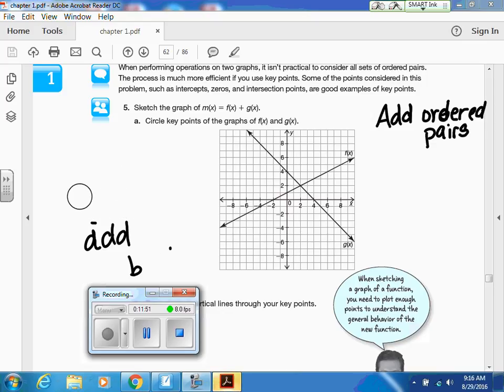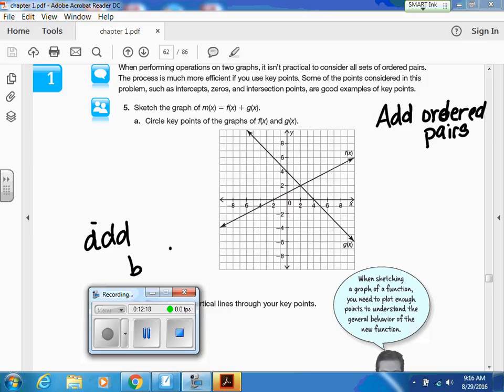Part of it. Except I don't want to add the ordered pairs, okay? We can add B right here, 4 and 1. I can add the ordered pairs, except I don't need to add the X's. Those are inputs. When I need to add the outputs, I need to add the Y's.